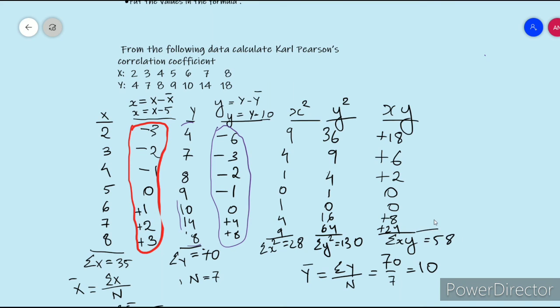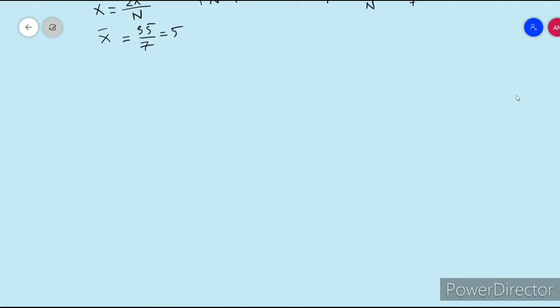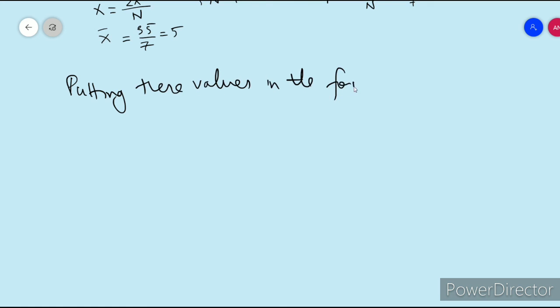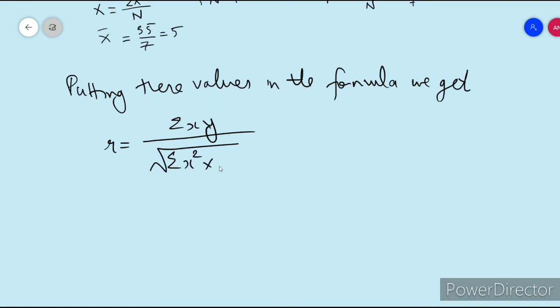So the last step is simply to put these values in the formula. So putting these values in the formula, we get, so this was a formula, 58 over the square root of 28 into 130.